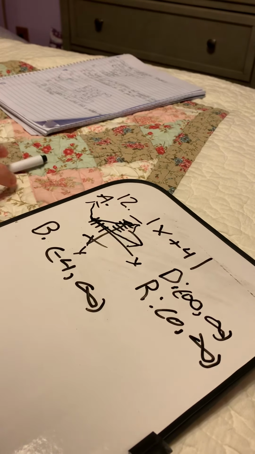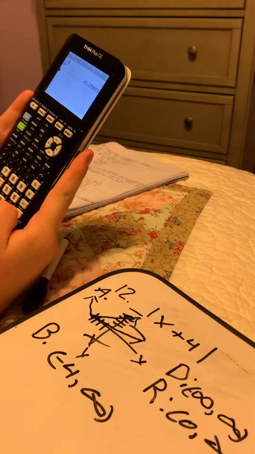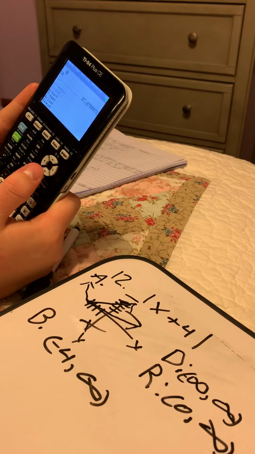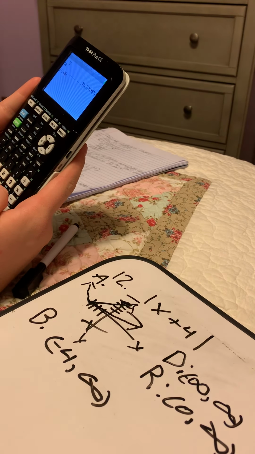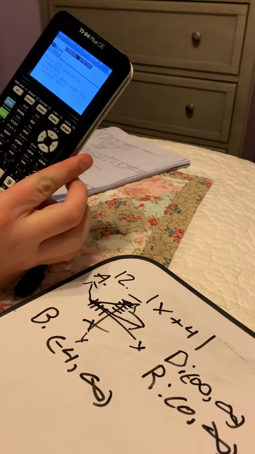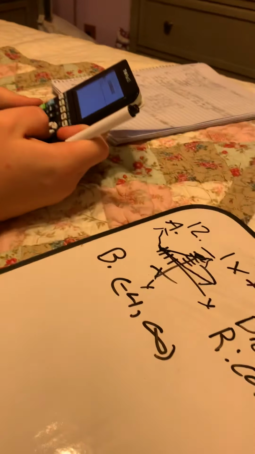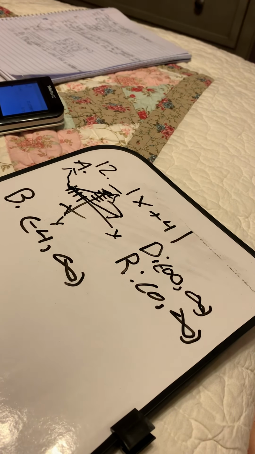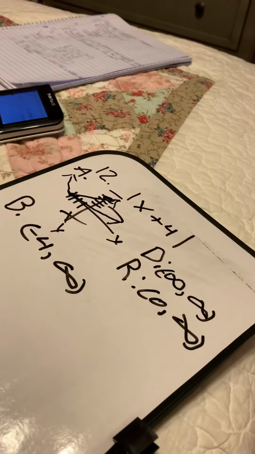So if we plug in a -1 on our calculator using math, absolute value, if we plug in -1 plus 4, we get an error because that problem does not exist. So that's how we know that we're good here, and we're good on domain simply because you can see that the graph is going forever in both directions.